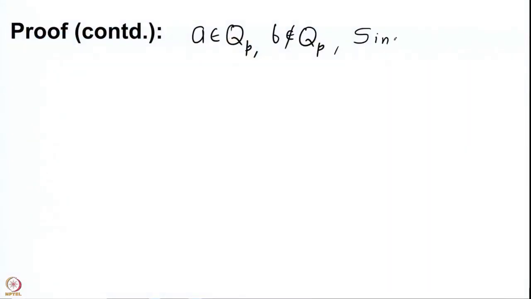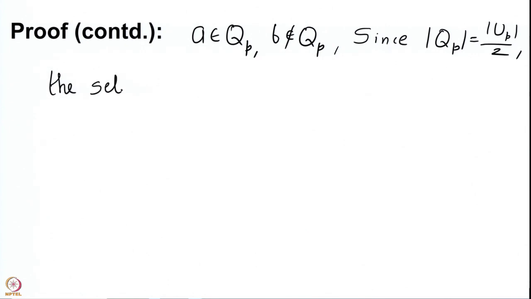But since Q_p has cardinality exactly half of that of U_p, the elements which are outside Q_p will form a single coset. So, since the cardinality of Q_p is the cardinality of U_p upon 2, the set U_p minus Q_p is a single coset.